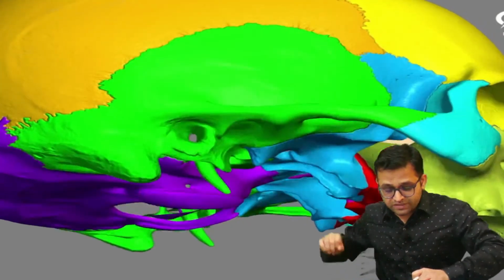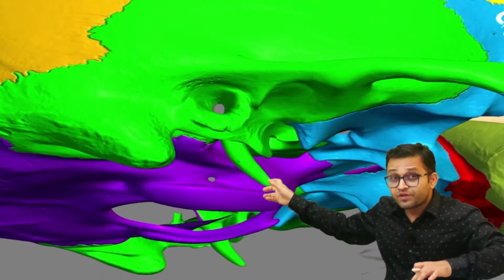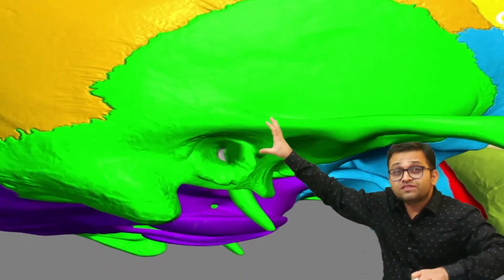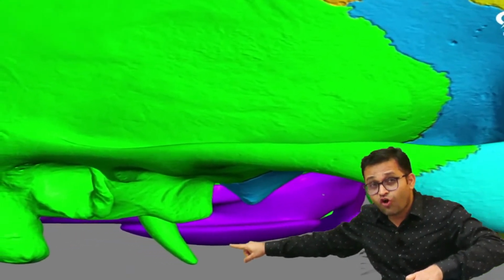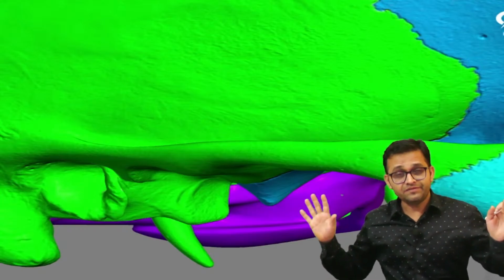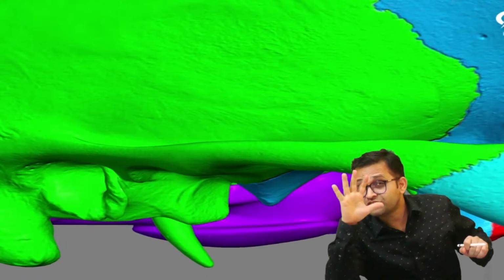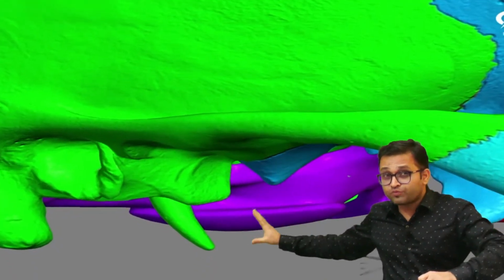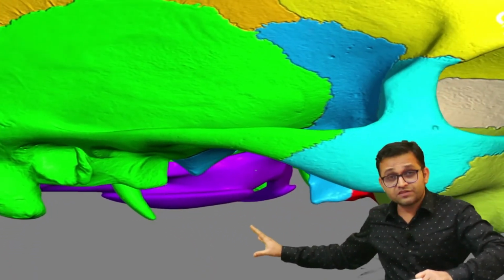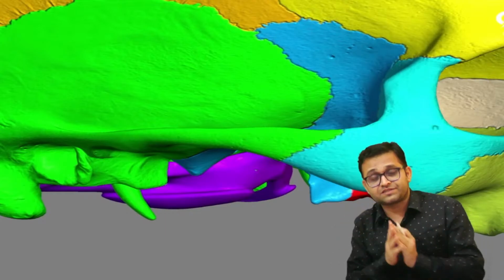Now you can see one elongated cylindrical projection from this temporal bone. This is known as the styloid process. Agree? Along with this styloid process, a total of 5 structures are attached: 3 muscles and 2 ligaments. So the styloid process along with the attached structures is known as the styloid apparatus.